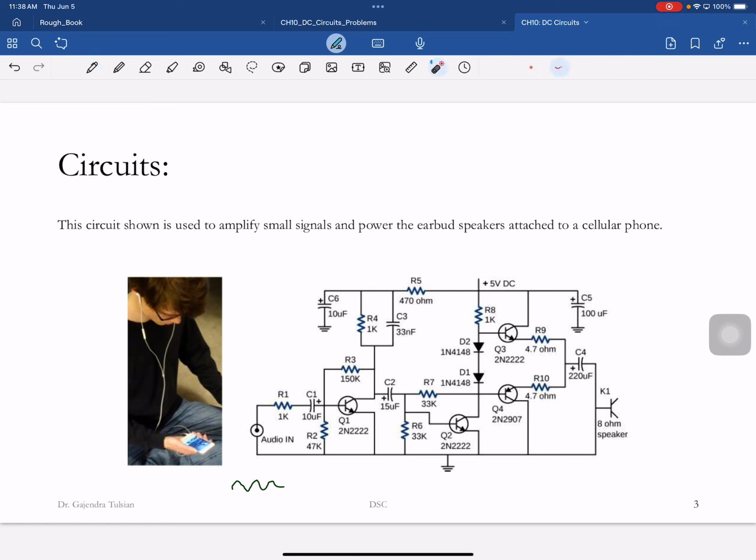What needs to be fed to the speaker needs to be a little larger to produce sound that you can hear. And that's the job of the amplifier, to maintain fidelity and to increase the amplitude. Maintain fidelity meaning? Clarity of sound. Maintain the shape, so the frequency content.